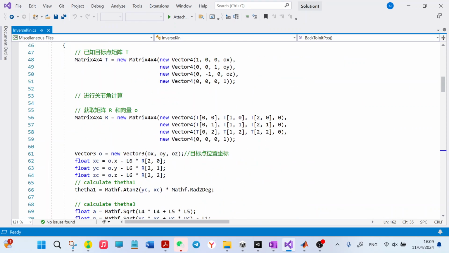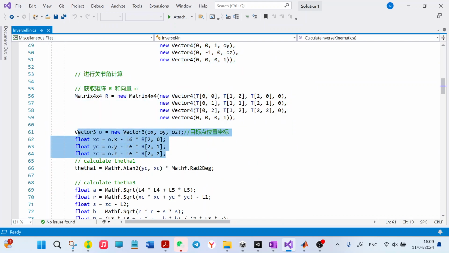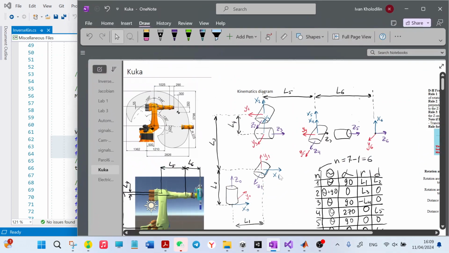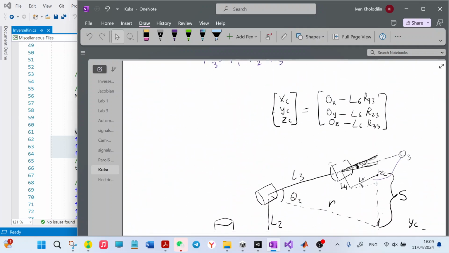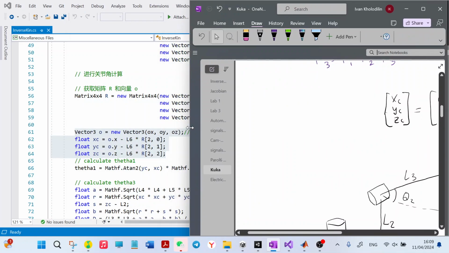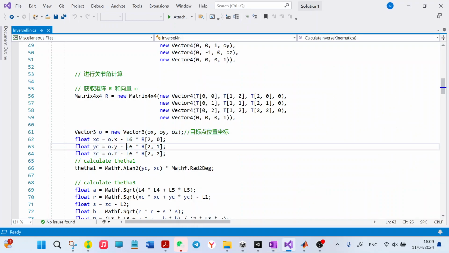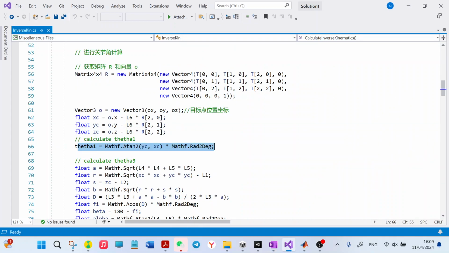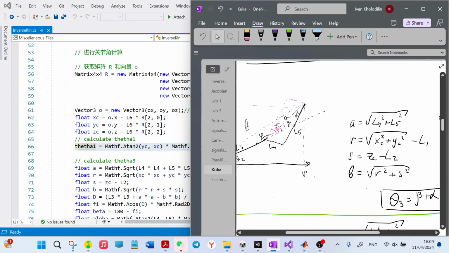Next, let's see this calculation. This is just what is given for us. That's how we calculate xc, yc, zc. Same formulas, as here. Next, theta 1, pretty easy, similar to this.